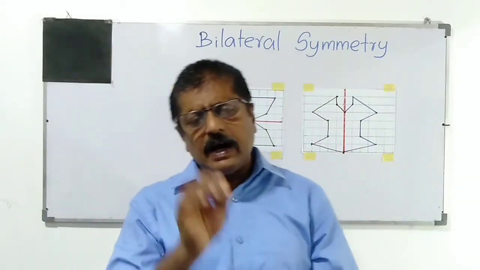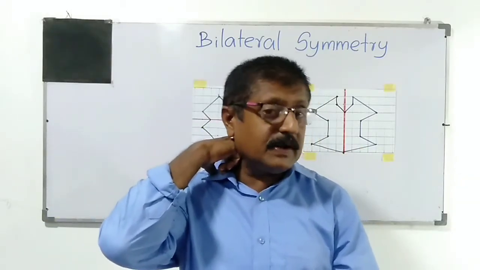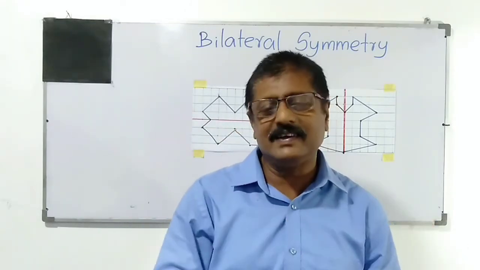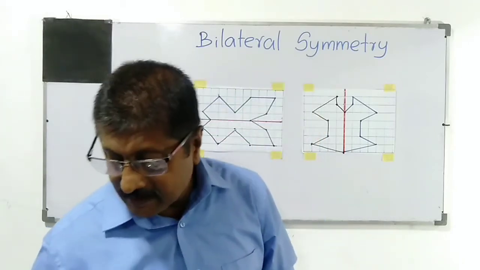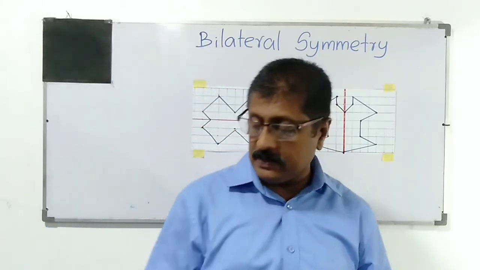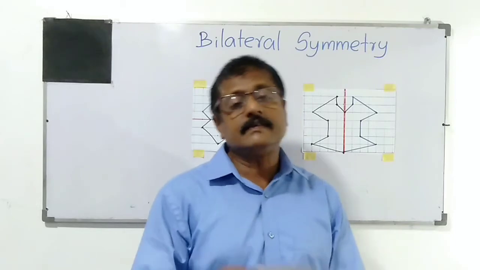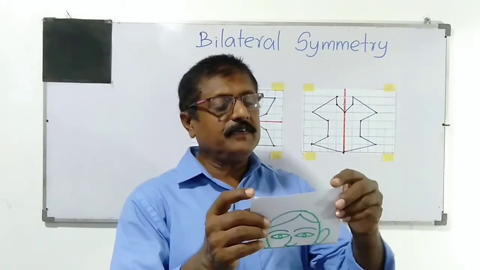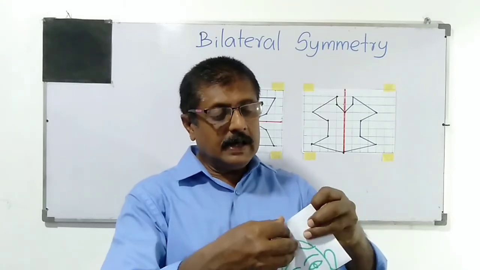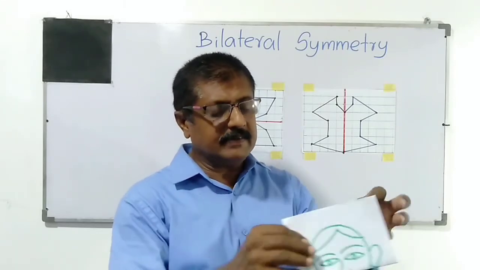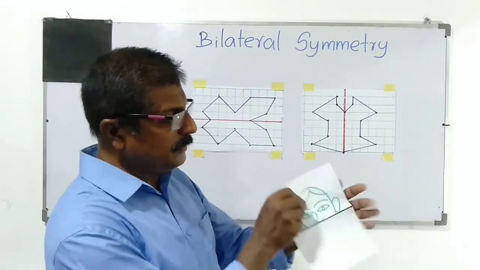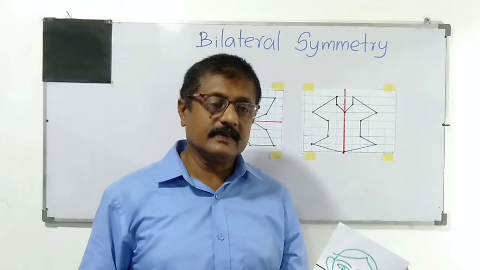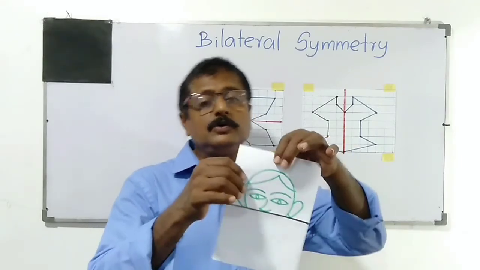Anyway, I would like to tell you another very nice thing. Very funny, in fact. Once in my classes, I gave half of a figure along with the axis of symmetry and asked them to draw the other half. Now do you know what they did?